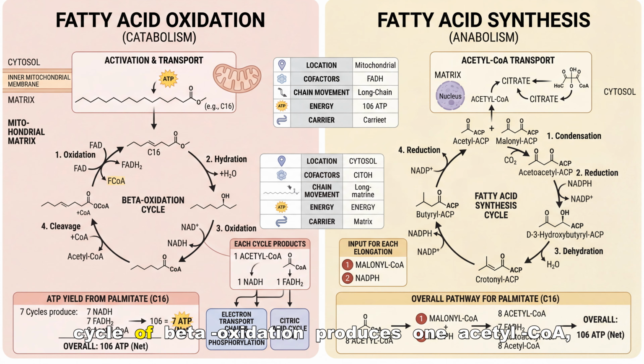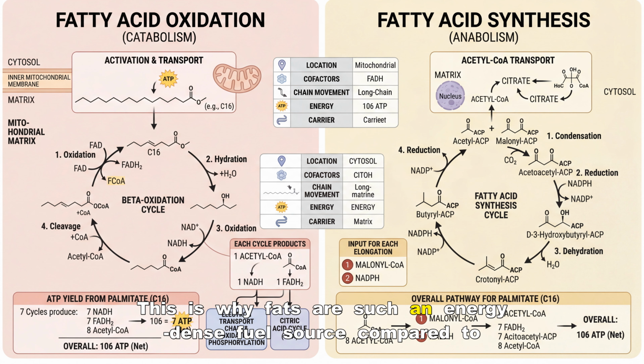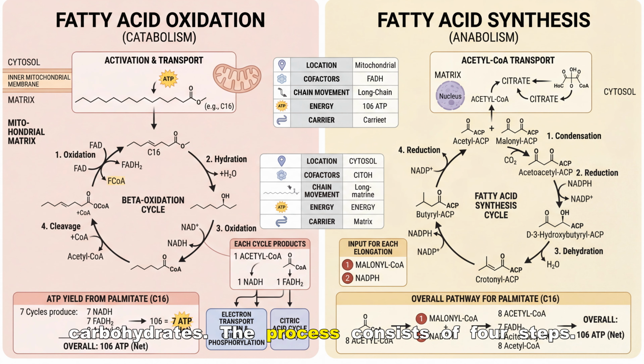Each cycle of beta oxidation produces 1 acetyl-CoA, 1 NADH, and 1 FADH2, contributing significantly to ATP production. This is why fats are such an energy-dense fuel source compared to carbohydrates. The process consists of 4 steps.